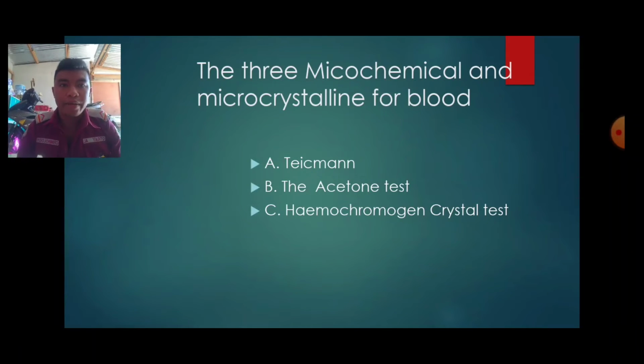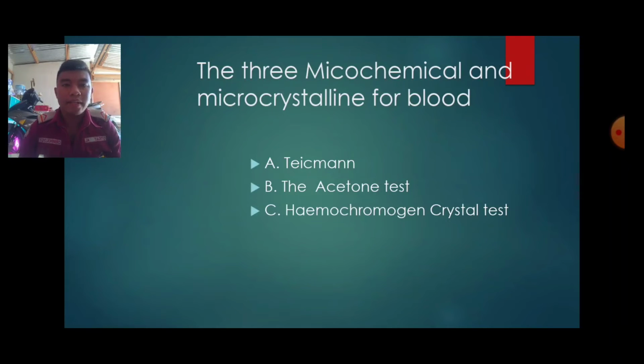There are three microchemical and microcrystalline tests for blood. Letter A is Teichmann. Letter B is the acetone test. Letter C is the hemochromogen crystal test.